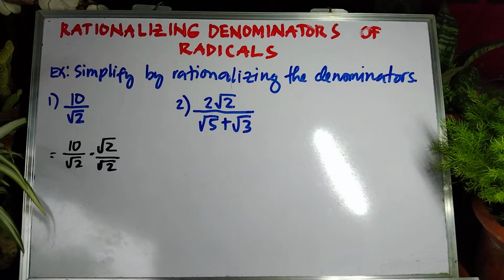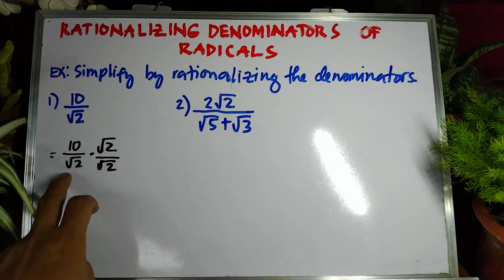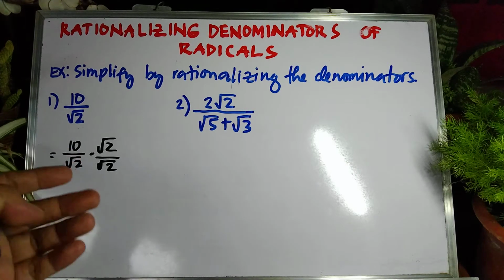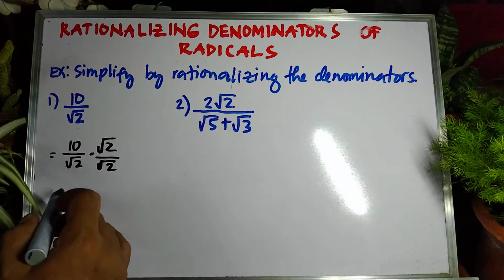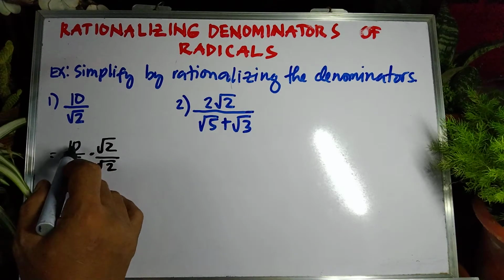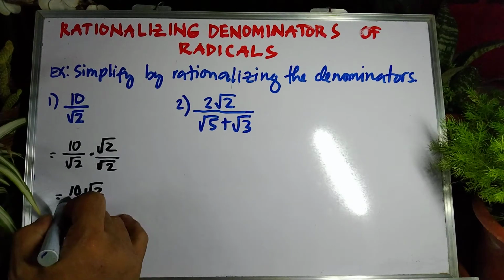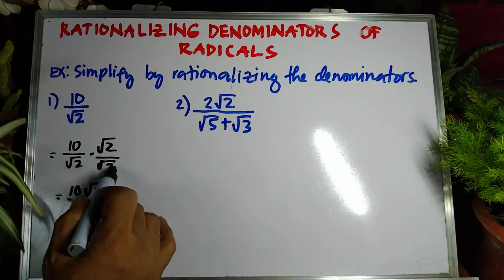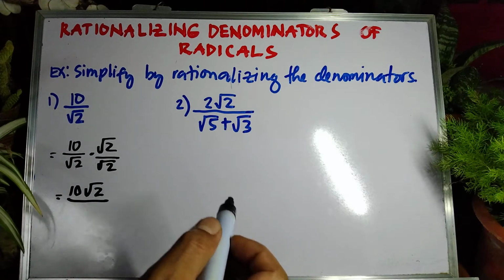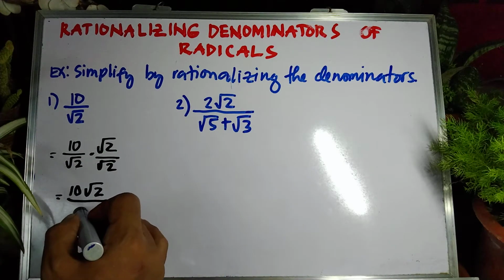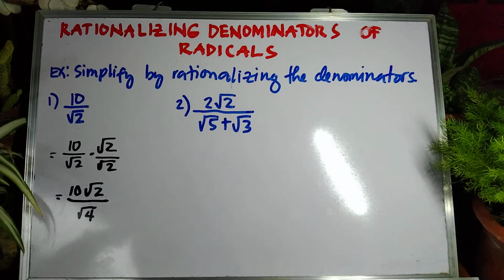Because if we multiply square root of 2 by square root of 2, that becomes a perfect square, correct? So, let's proceed. 10 times square root of 2 is 10 square root of 2, all over, what is square root 2 times square root of 2? You can write that as square root of 4 or square root of 2 squared. It's okay to write square root of 4.